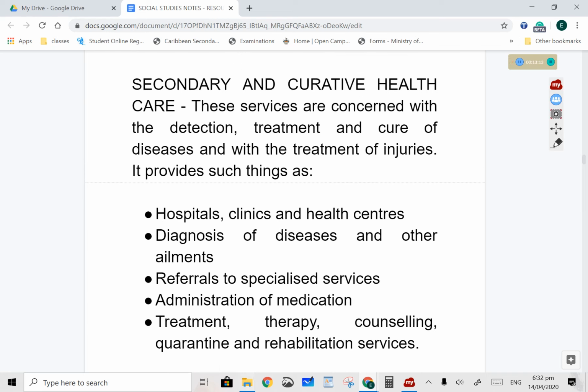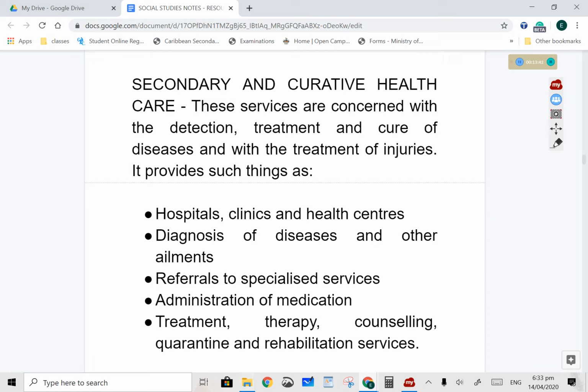So secondary and curative healthcare deals with basically serious situations where you might need surgery, you might need some sort of specialized service that the primary healthcare cannot deal with. So curative, so this is when something actually happens to you and you need further assistance that the health centers cannot provide.